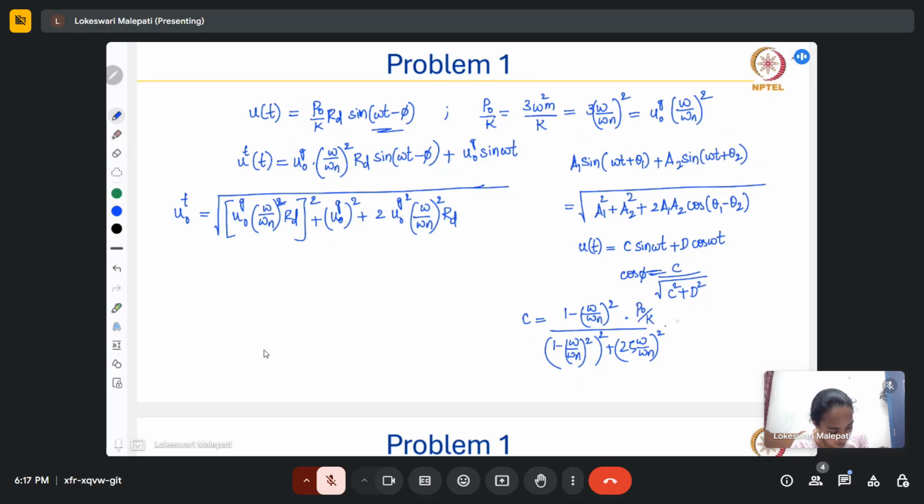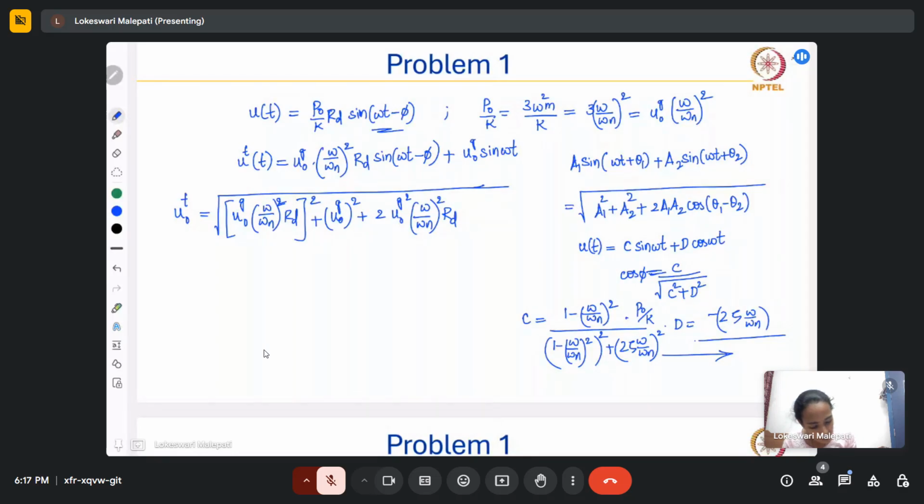And similarly, we also have an expression for D. Minus 2 zeta omega by omega n, with a similar denominator, the same thing here also.